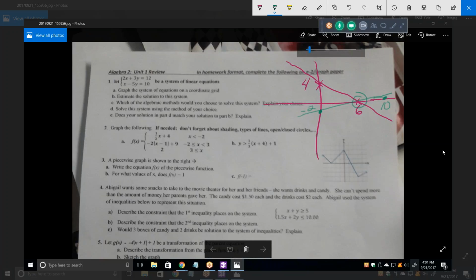But this both highlights and shows you the problems with trying to figure out the system of equations graphically. In other words, I don't know what that point is. I can't read it. It could be 6 comma half. It could be 6 comma negative half. It could be 5 1/2.